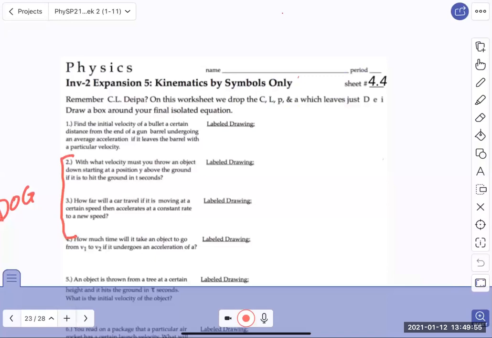Drawing, equation, isolation. When you take the AP Physics exam, at least when I was teaching it, you don't get a calculator. There are 35 questions you have to do, they're multiple choice, but you don't get a calculator. So it's all just symbols. And if there are numbers, they're simple, like 4 divided by 2.